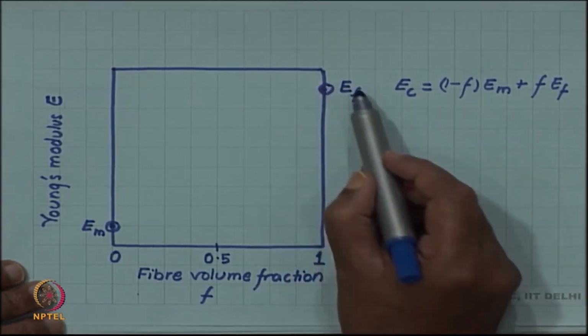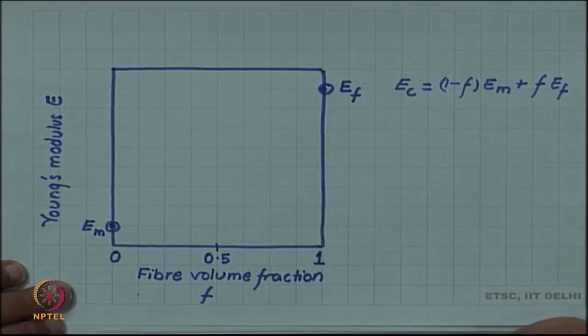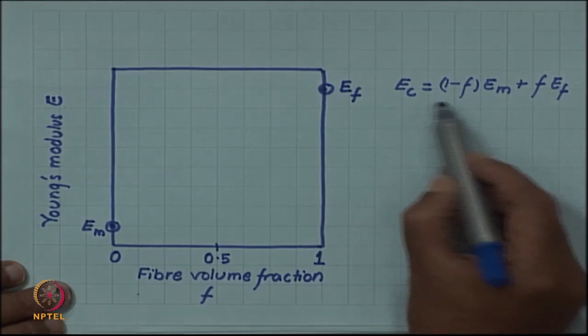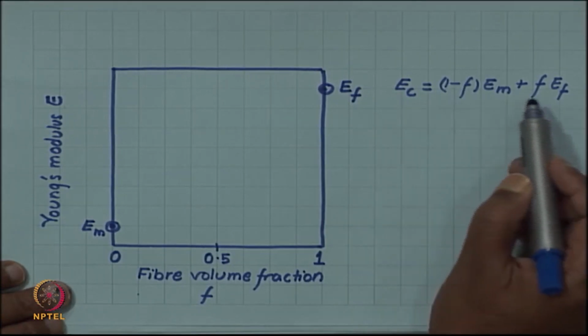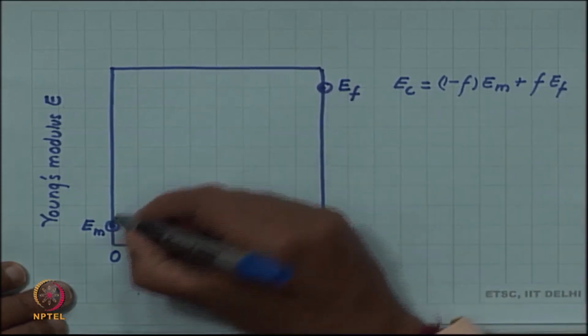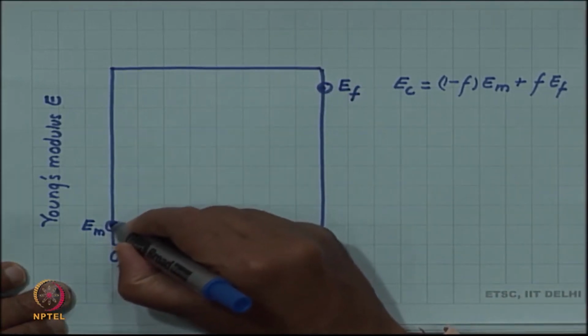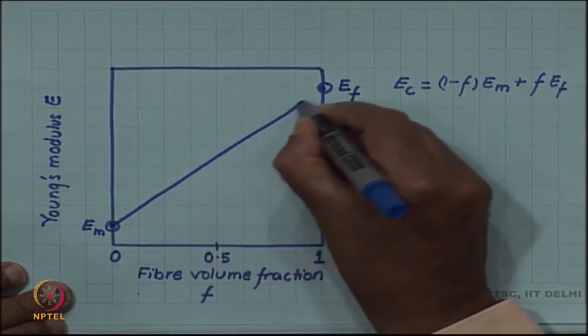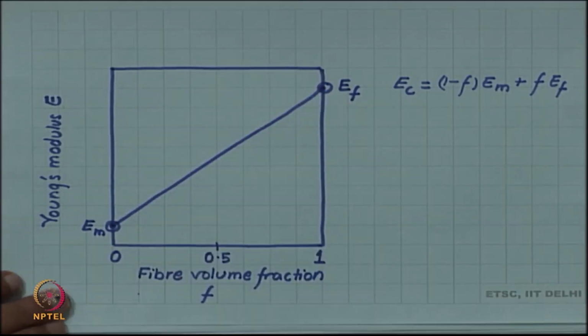So, the pure fiber has a modulus E f, and if you plot this, this is nothing but an equation of a straight line running from E m to E f. So, all you get is a straight line joining these two points.